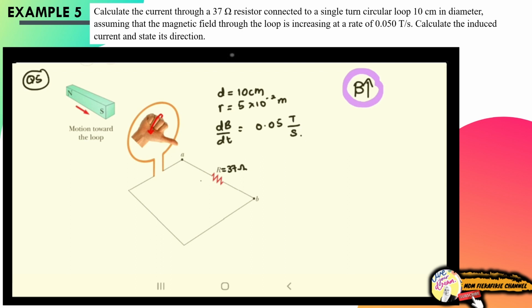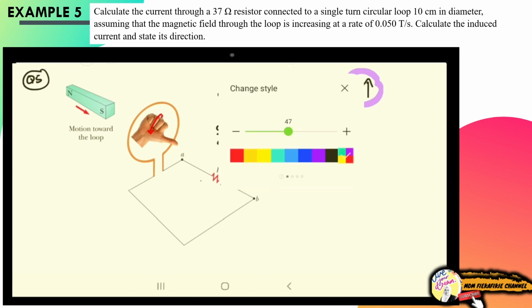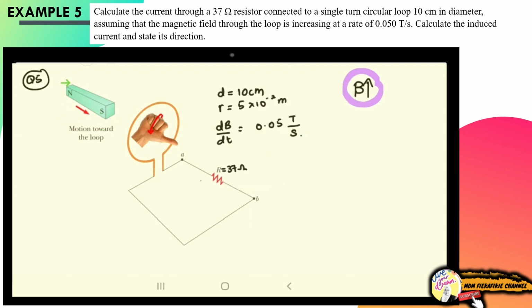Look at the diagram. This question comes with a diagram. Look at this bar magnet, where this bar magnet will come closer to this coil. That's why there is a change of the magnetic field, where the magnetic field in the loop will increase at a rate of 0.05 Tesla per second.